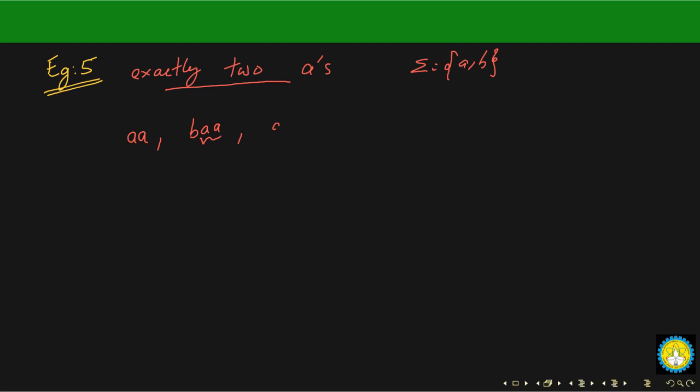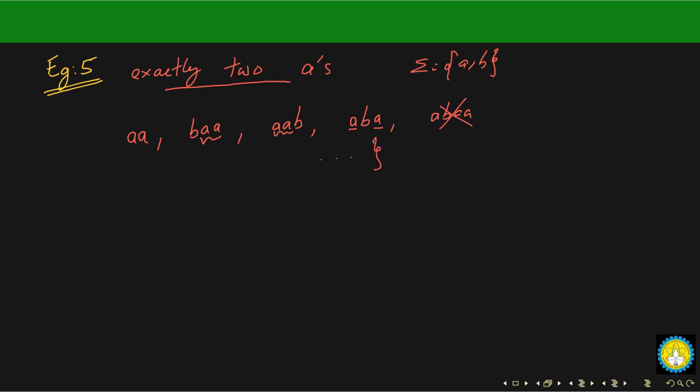AAB has to be accepted. Again, it contains 2 A's. ABA has to be accepted because it exactly contains 2 A's. What about ABAA? This should not be accepted because it contains 3 A's. So these are some examples that we have to accept.